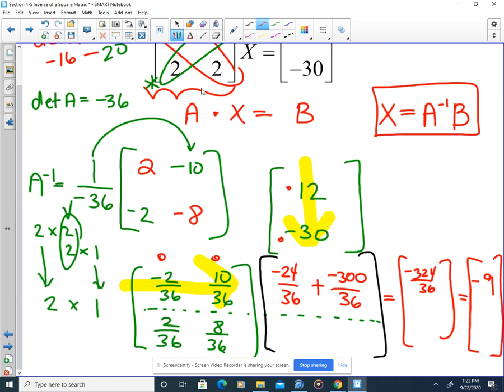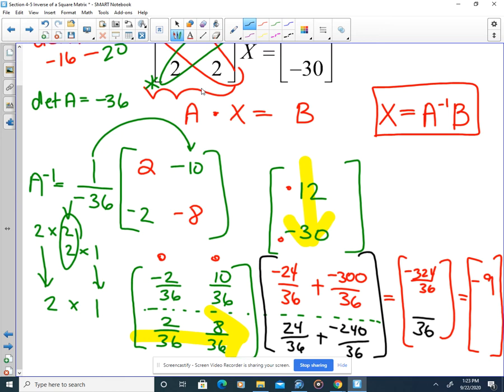Now let's do the bottom one. To do the bottom one, we're going to use the bottom row and that column. 2 over 36 times 12 is going to be 24/36. And then 8 over 36 times negative 30 is going to be negative 240 over 36. We've got common denominators, that's why I didn't reduce.